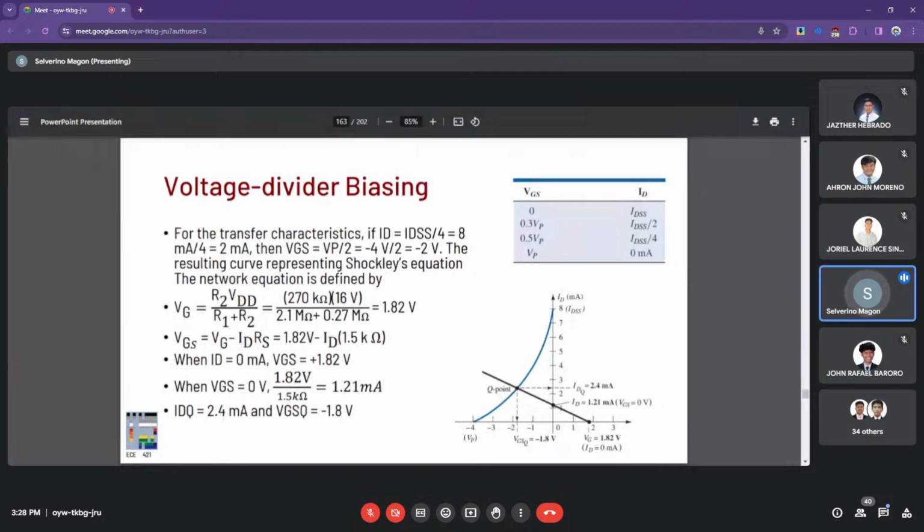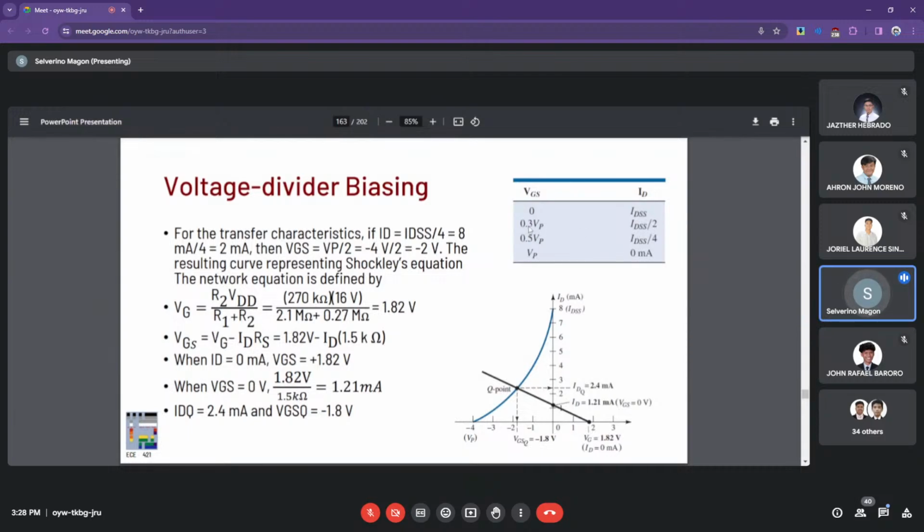Okay, so considering the load line analysis, we can now have the various values of VGS at different values of ID. In the case of pinch off voltage, you have zero drain current. While for the zero VGS, you have the drain to source saturation current.